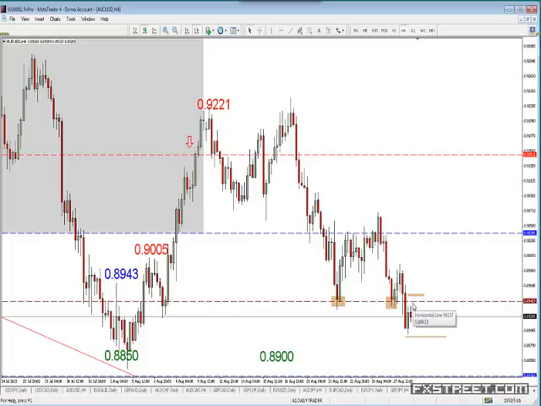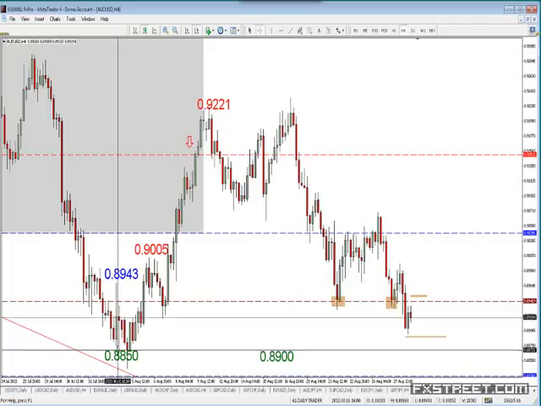Now, I could get in really tight here and put my sell order right on this line and put my stop up here, or my stop above the previous candle right here. Lots of ways to do this, but the safest way by far is to simply wait for the market to push through this low and then expect that it'll get down to 88.36. Now remember, we also have to worry about this level, right?